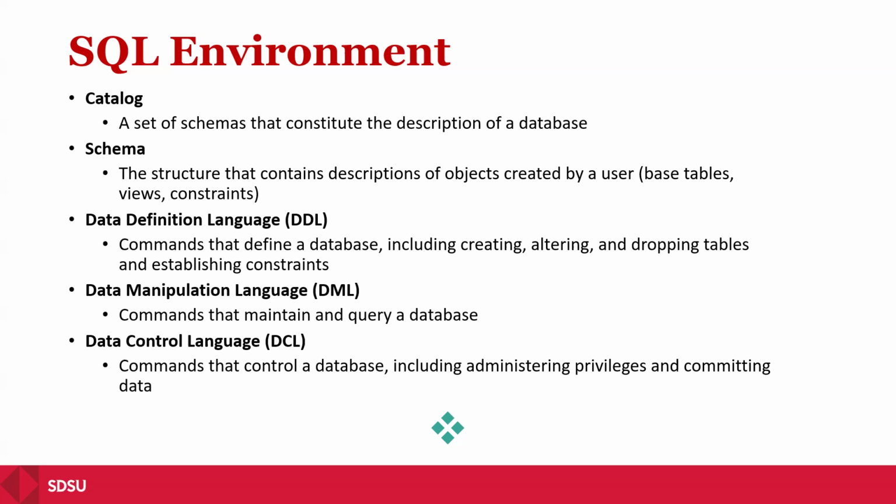Within the schema, we have multiple tables together. And tables hold information specific to a certain object. So, for example, if we're talking about a customer, one table can hold customer information, including first name, last name, and all the personal information.